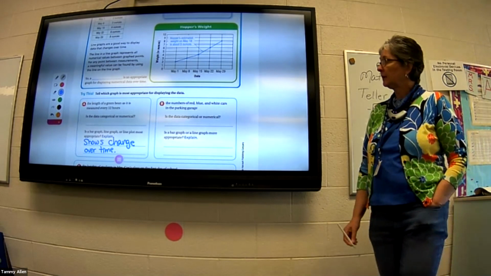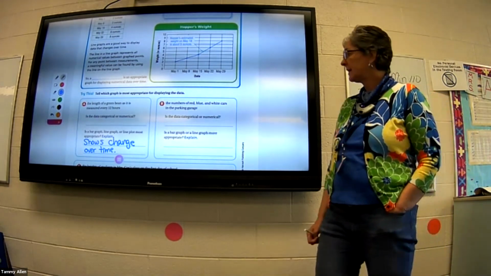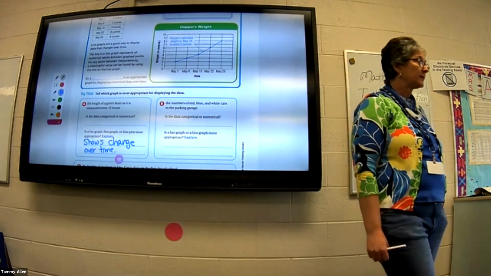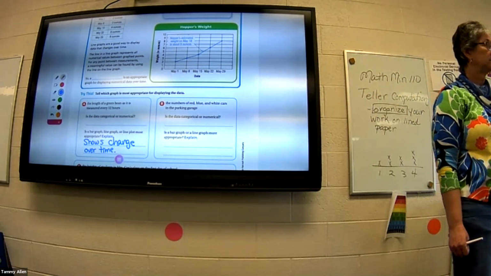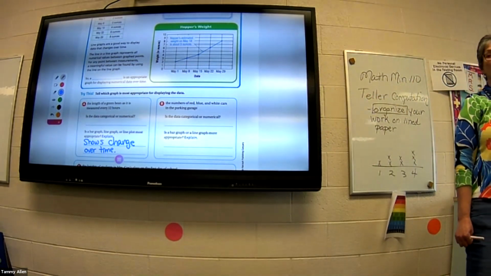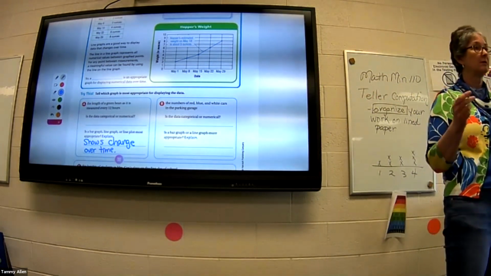And then as we take a look at B, the numbers of red, blue, and white cars in the parking garage. Is the data categorical or numerical? How many of you think it's categorical? How many of you think it's numerical? All right, we've got discrepancies here. Why do you think it's categorical?